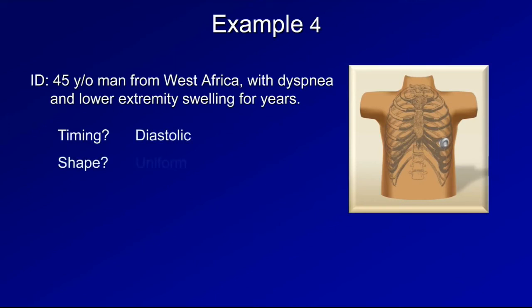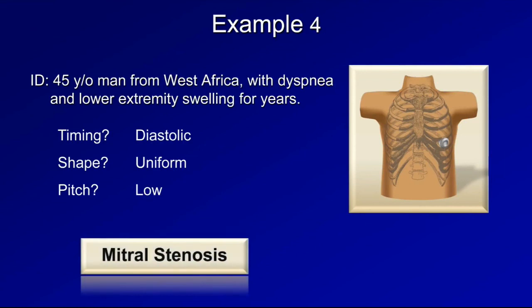Shape, uniform. And pitch, low. So what would cause a uniform, low-pitched diastolic murmur at the apex? Really only one thing can do this: mitral stenosis.